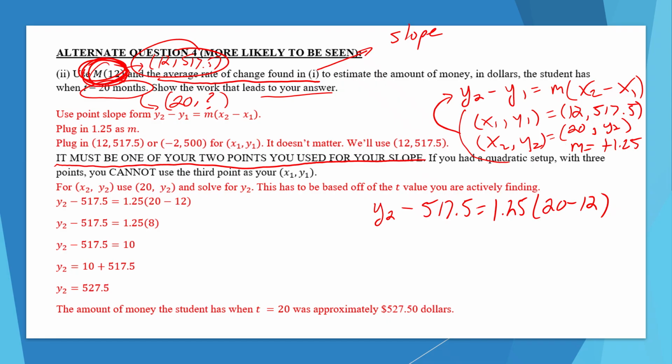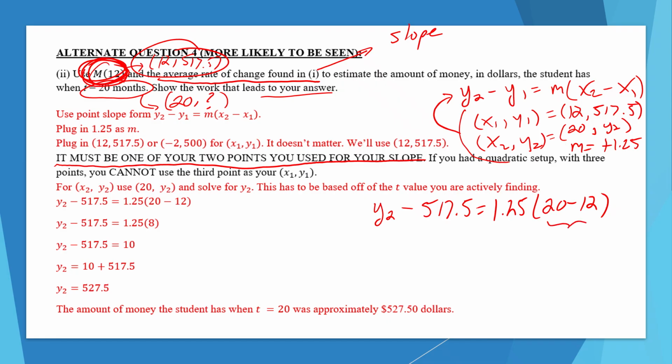This is really important, and I saw this mistake on the semester summative in the context of a quadratic function when you had 3 points, right? You had 3 points to form a quadratic, and you used the one coordinate that was not used in the slope equation, which then would be wrong. And so that was the biggest mistake I saw in the semester summative. So if you see a quadratic scenario either on your semester summative or AP exam, do not make that same mistake again.